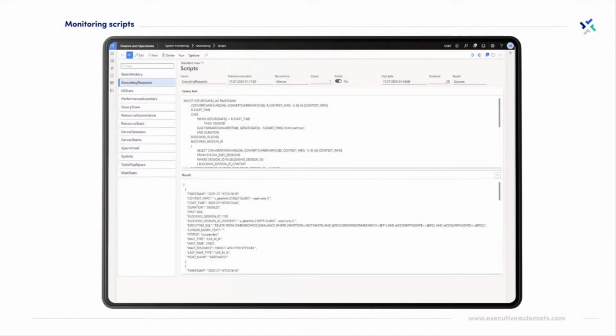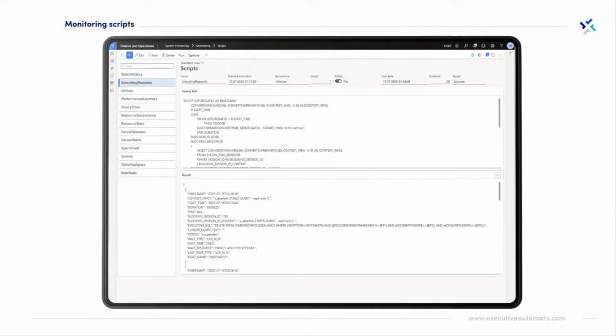If the default metrics are not enough, we can define custom metrics. It's done by configuring a script on a script form and specifying the execution frequency, all this without the need to update application code, just as if we had direct access to the SQL server.